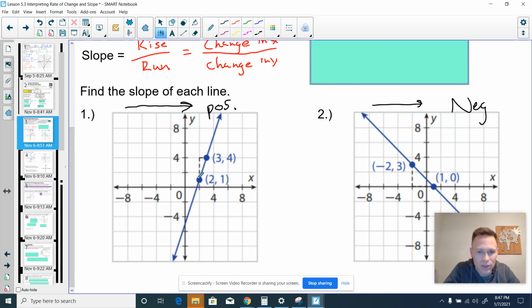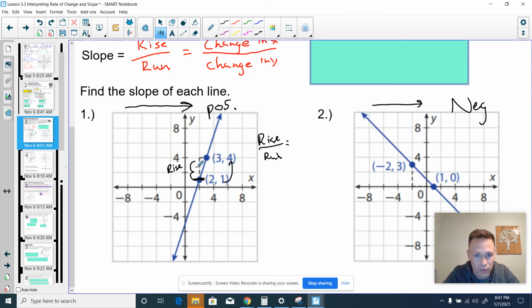So how do I do this on a graph? Well, this right here is my rise, right? So if I'm calculating rise over run, that means I want to figure out what this is. And all I literally have to do is count, right? And I can also look at my y values. I went from a y value of 1 to a y value of 4.